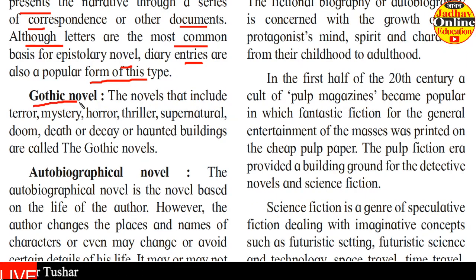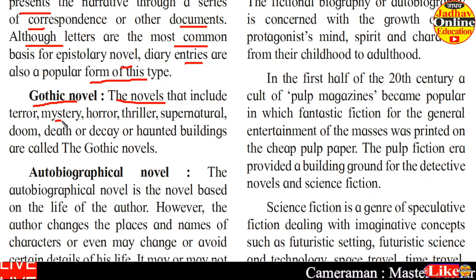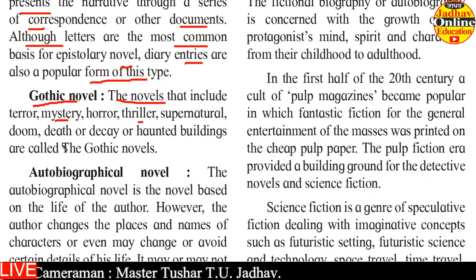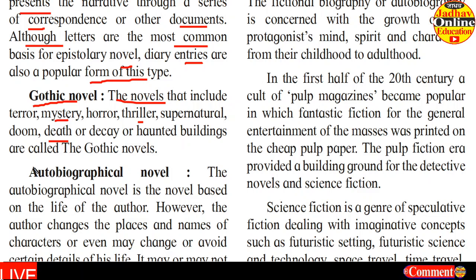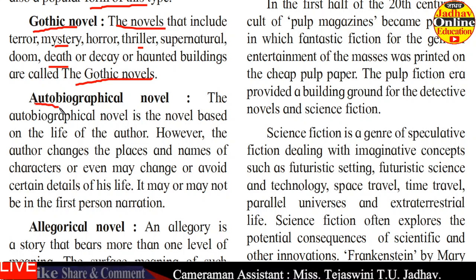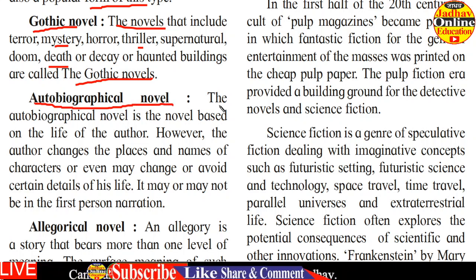Next type of the novel is Gothic novel. The novels that include terror, mystery, horror, thriller, supernatural doom, death or decay, or haunted buildings are called Gothic novels. Next type of the novel is autobiographical novel.